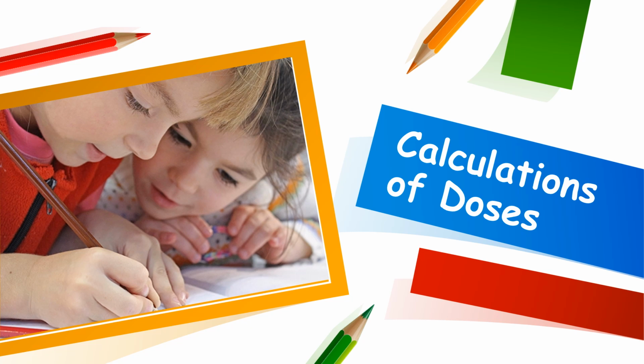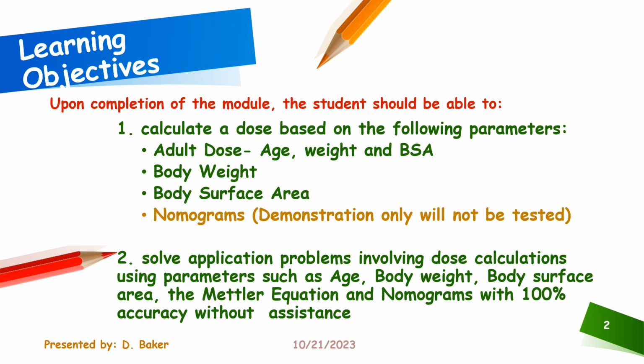This is part 2 of a two-part recording on calculation of doses. We will calculate dose based on the following parameters: calculating child dose based on the adult dose using the age, weight, and body surface area of the child, using the body weight of the patient to calculate the dose, or using the body surface area of the patient to calculate the dose.